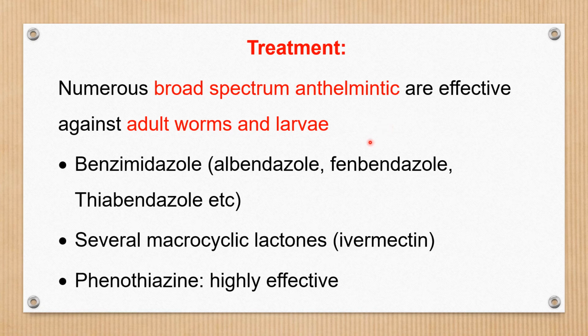These drugs are the benzimidazole group: albendazole, fenbendazole, thiabendazole, etc. Many others. Several macrocyclic lactones. Famous is ivermectin. This is an important drug. One can give it by injection and cure the disease.